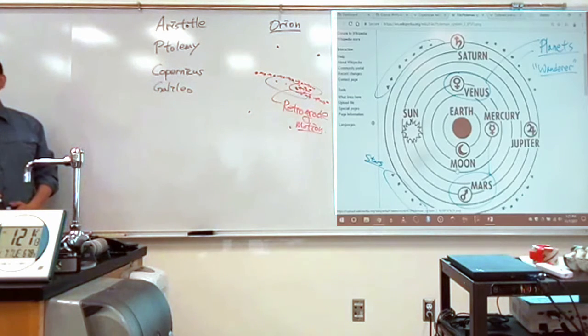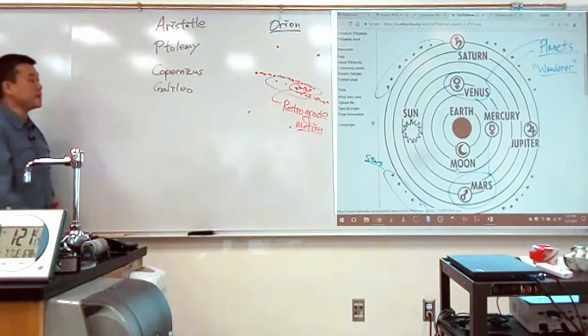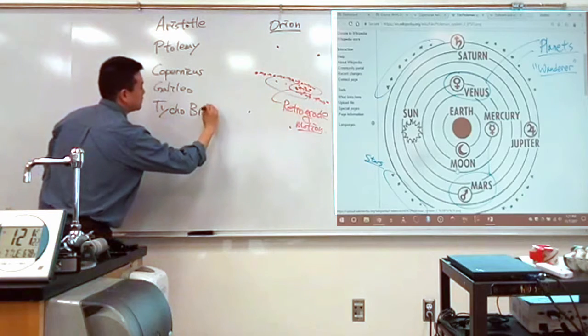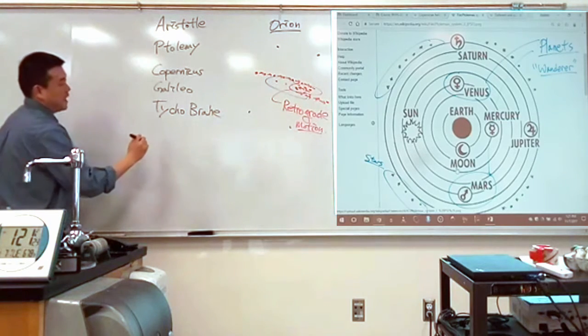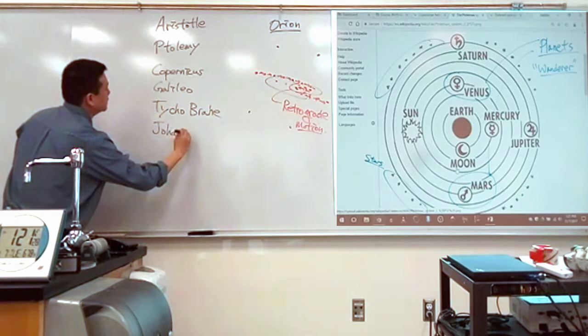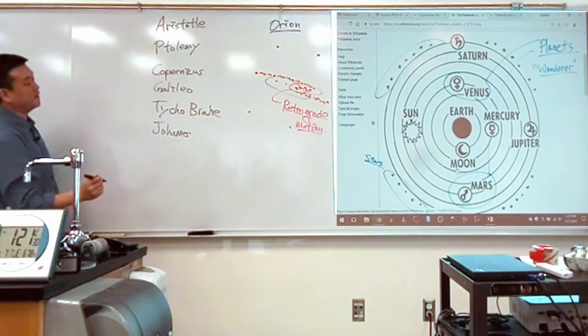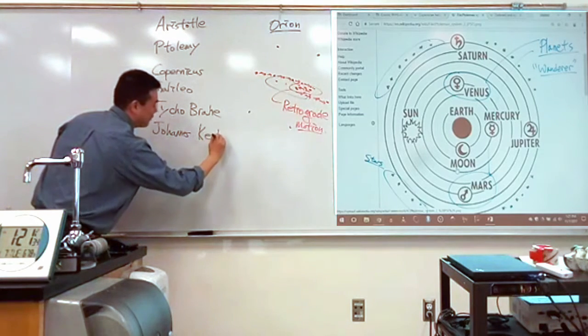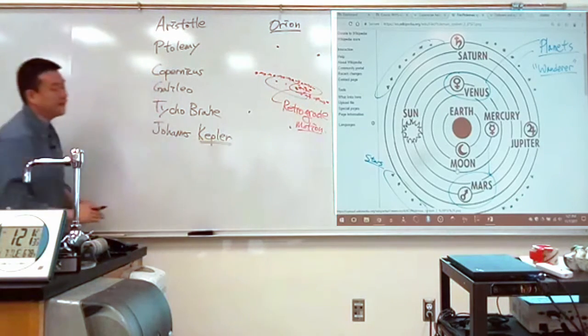But the person that I really want to bring your attention to in a few minutes is actually Tycho Brahe, and I may be misspelling some names. Kepler is the name that I probably won't misspell. This is the important name.